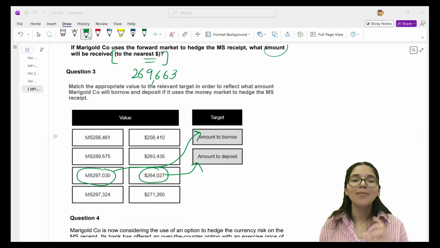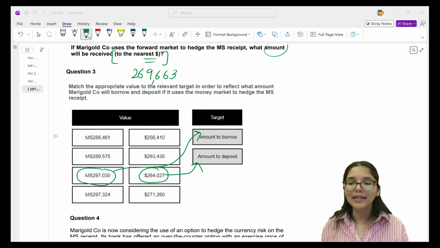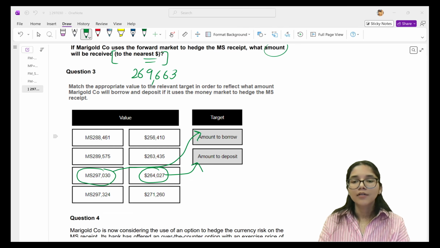Even though the third step has not been asked, the third step is when I'm putting it on a deposit, I want to find out how many dollars will be there with me after 3 months are over. Can you guys help me with the third and the last step also? What will be my last step?